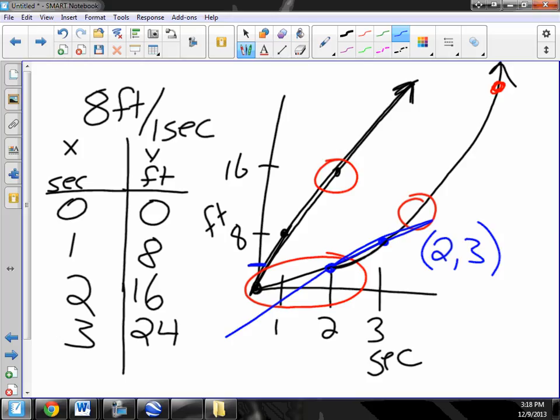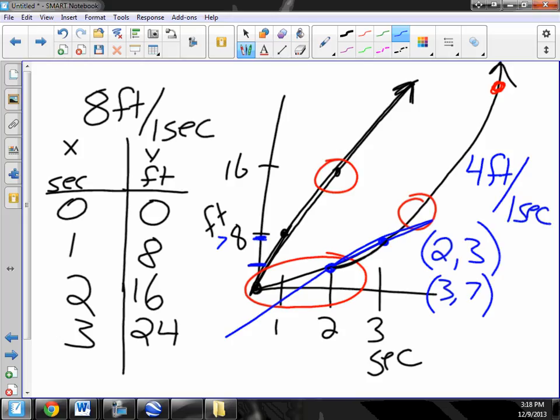Well, 3 seconds in, I traveled 7 feet. So 3, 7. Well, that means that in 1 second, I traveled 4 feet. So my average rate of change would be 4 feet every 1 second, or 4 feet per second.